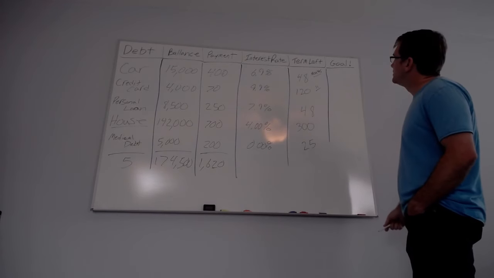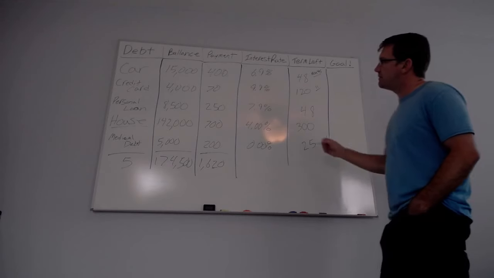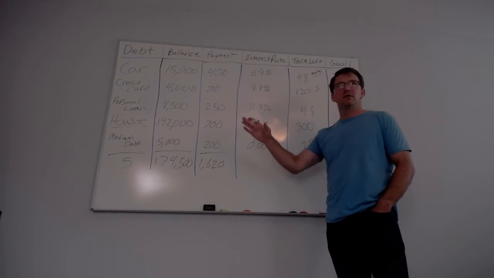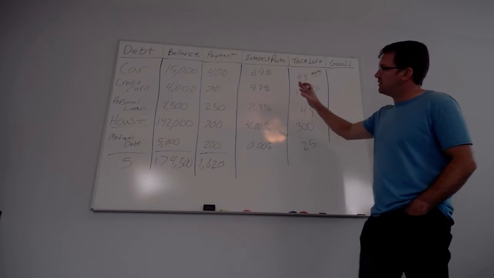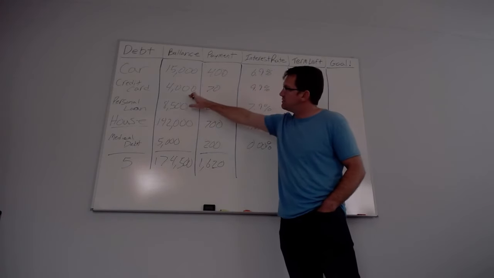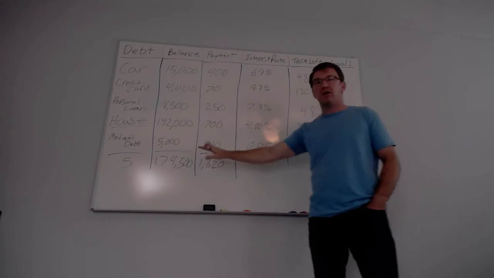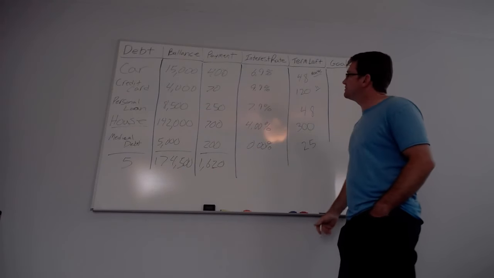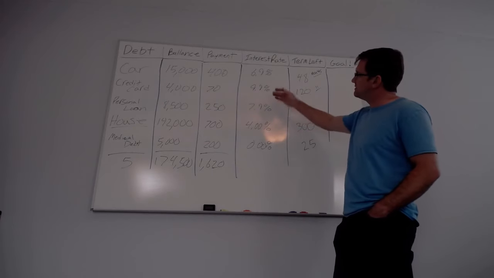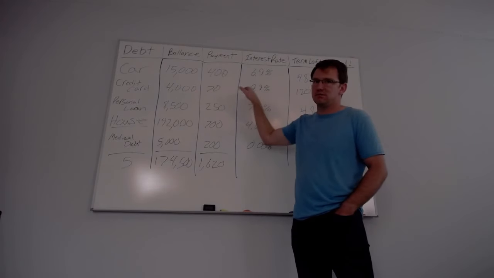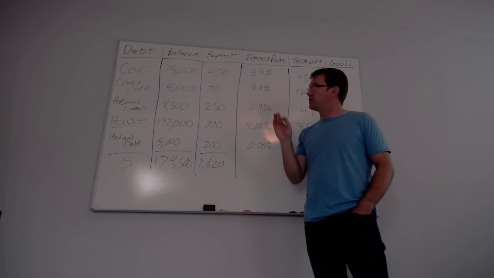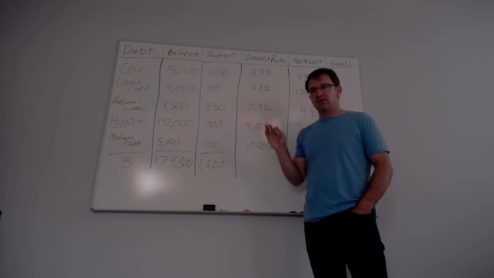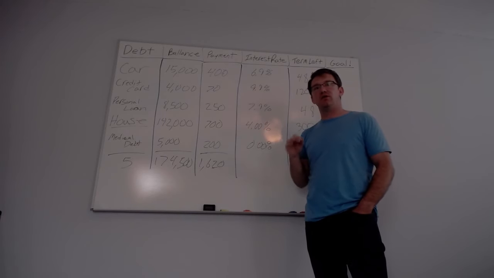Okay. So the way that some people like to do it, and other people do it a different way, is you're going to want to pay off either the lowest balance first, which would be the credit card, or the one that has the highest interest rate. The way I like to do it is pay off the one with the lowest balance, because once you get one paid off, then you feel like you've accomplished something.